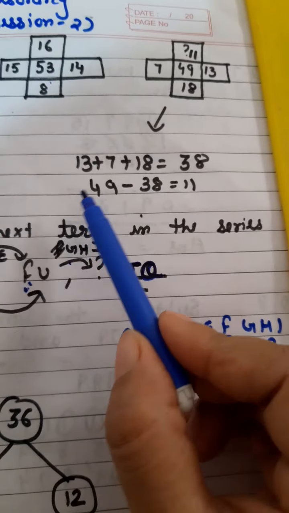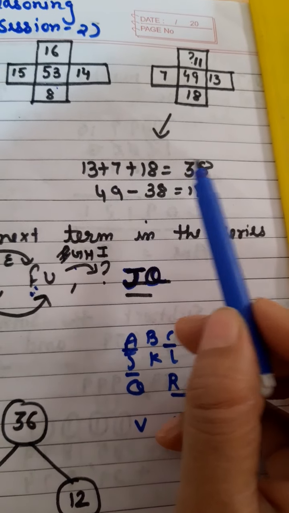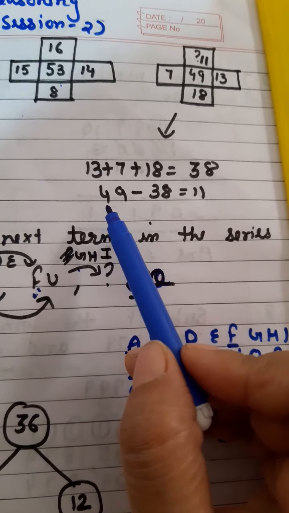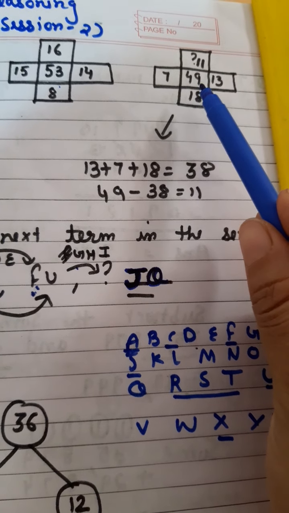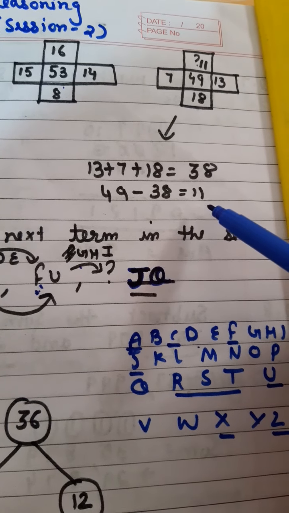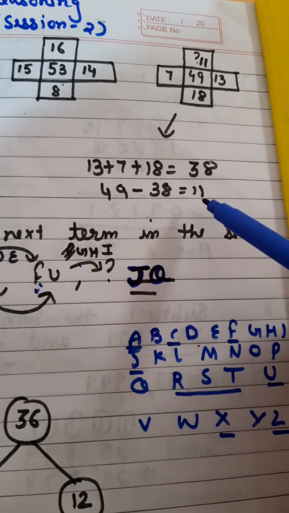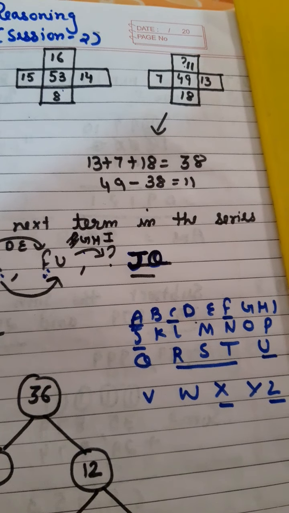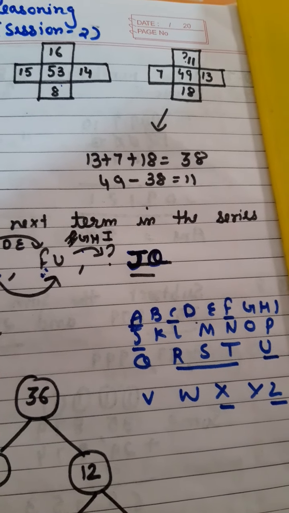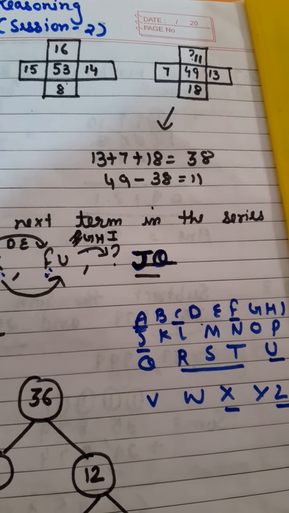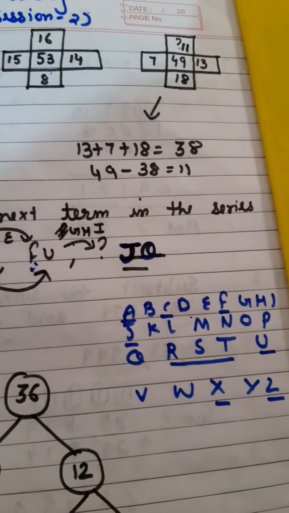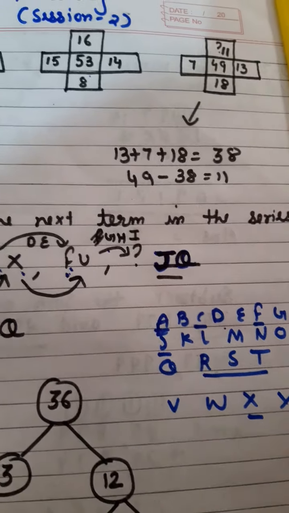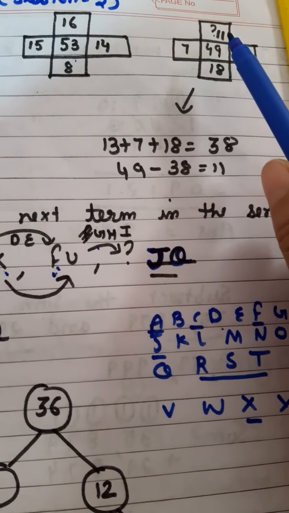So here I had added 13 plus 7 and 18, that is 38. Okay, and I will be subtracting it from my total sum, that is 49, and here I am getting 11. So whenever the total is given and one number or two numbers are given, you can calculate the other numbers by subtracting from the total sum. Clear? So here my answer comes 11.